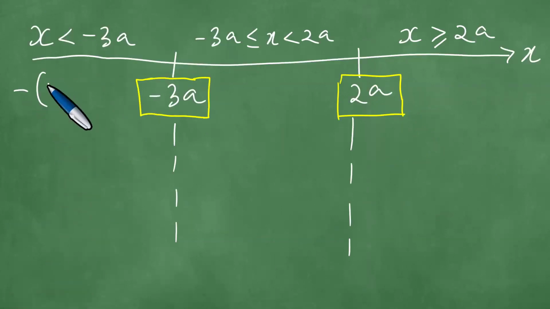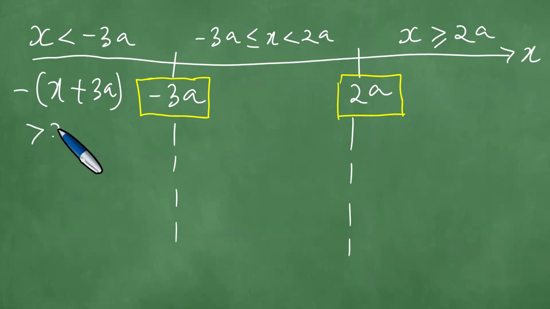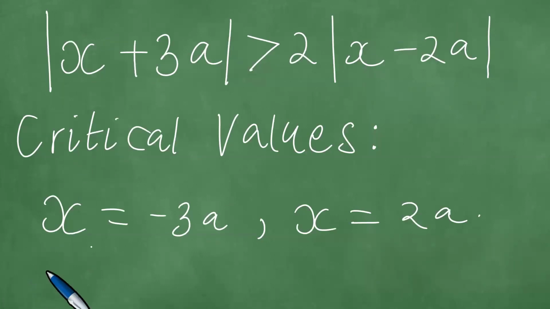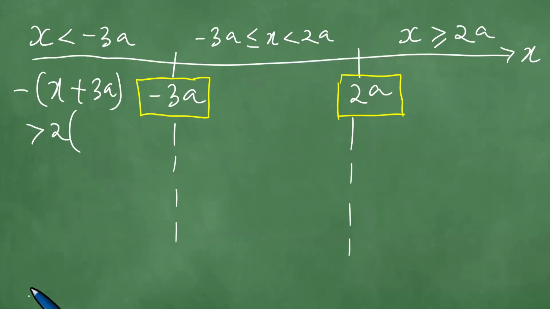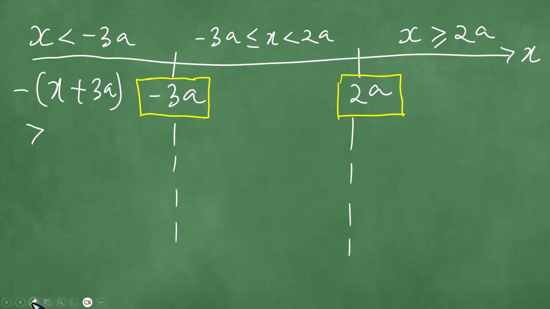So we have minus into x plus 3a bigger than 2 into minus 4a minus 2a, which is minus 6a, so that's going to be minus 2 times x minus 2a.